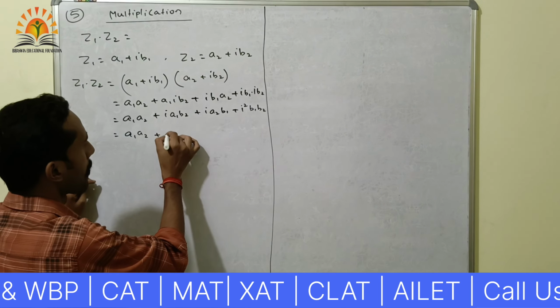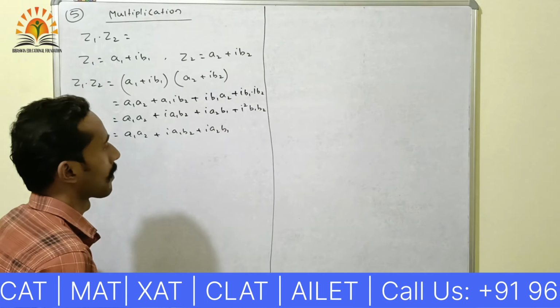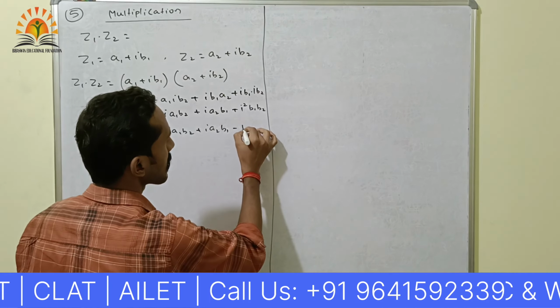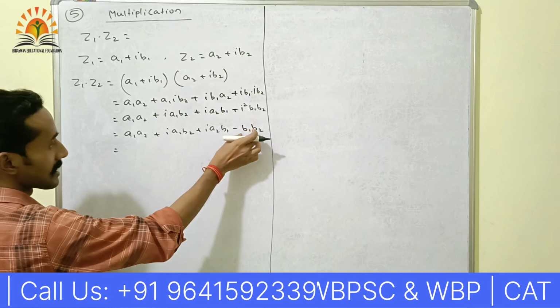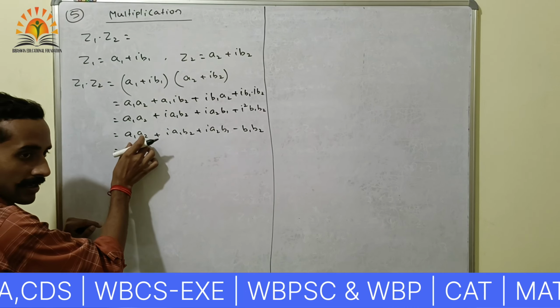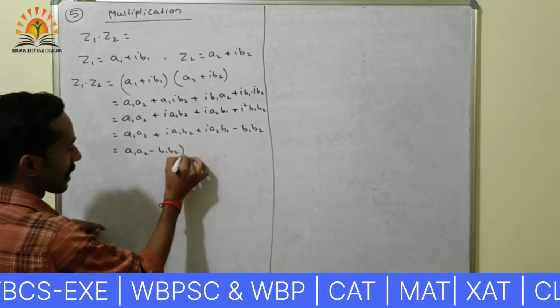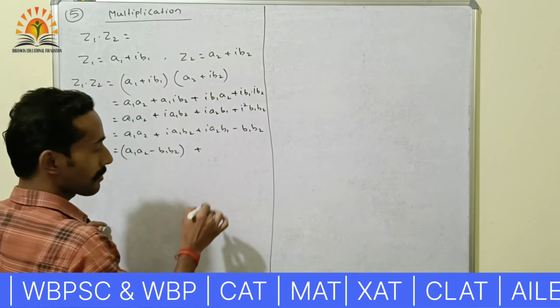So it becomes minus B1, B2. Now this becomes the real part. So we can add or subtract real part with real part, and now this becomes the imaginary part.